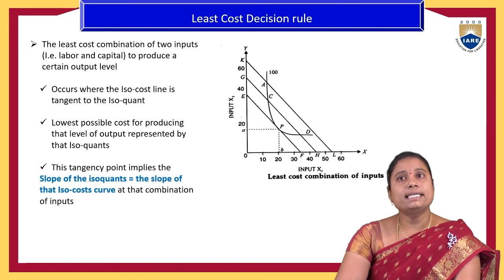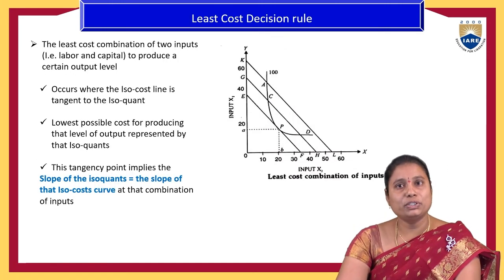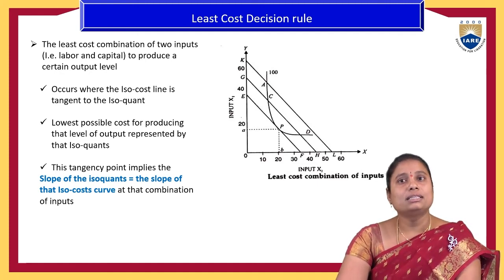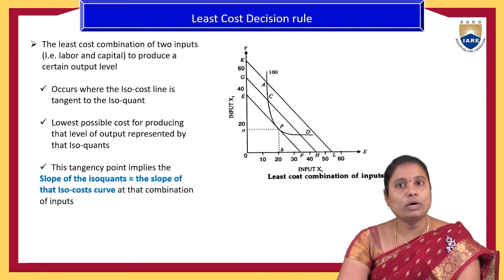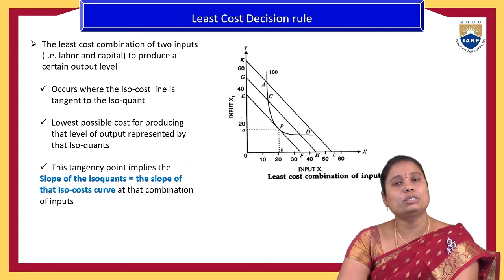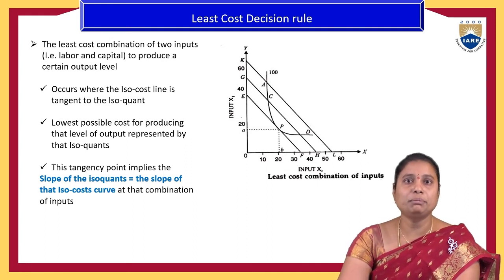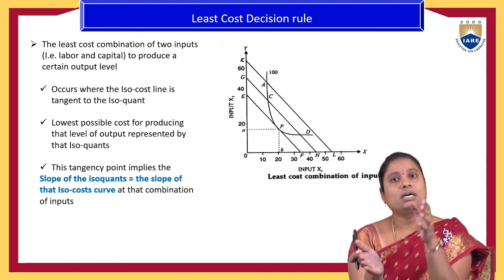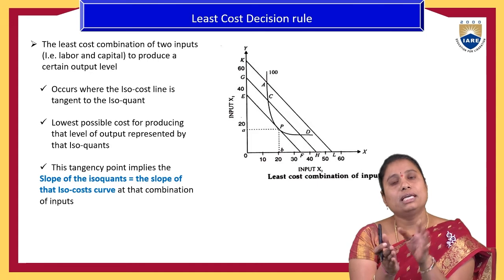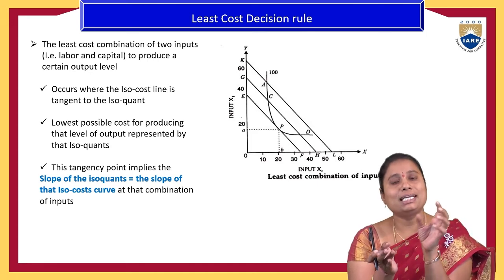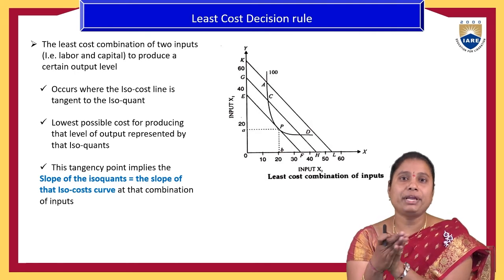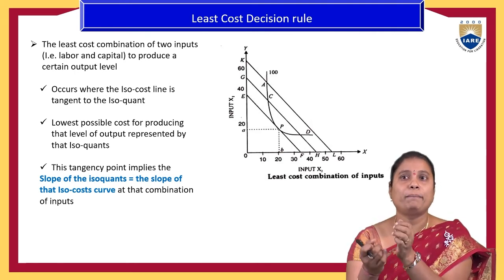Under the least cost combination, as a producer wants to take the decision, he must follow that the slope of the isoquant must be equivalent to the slope of the isocost. That means quantity and cost should not change, and if neither is changing, then the combination of inputs is the maximum way to give benefits to the producer.